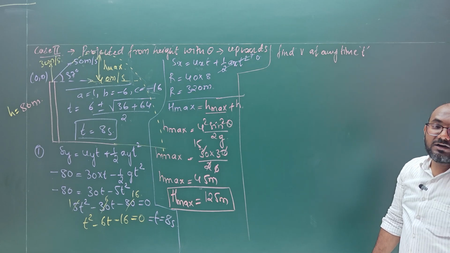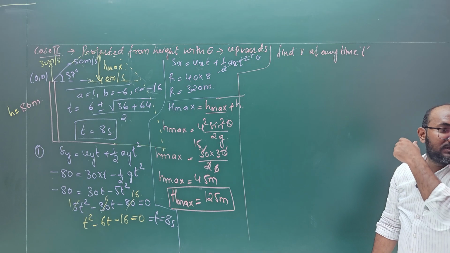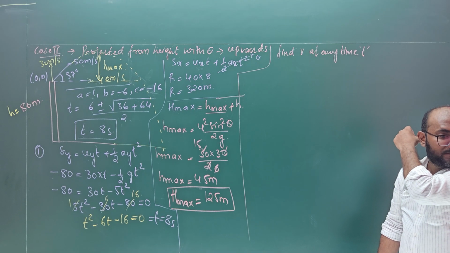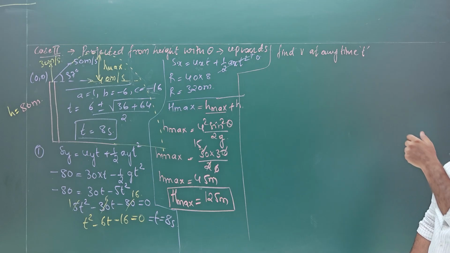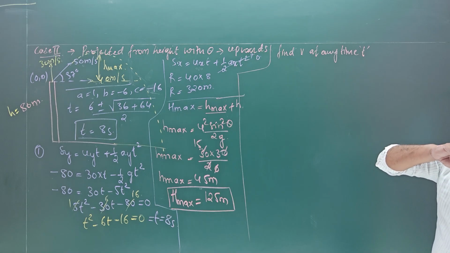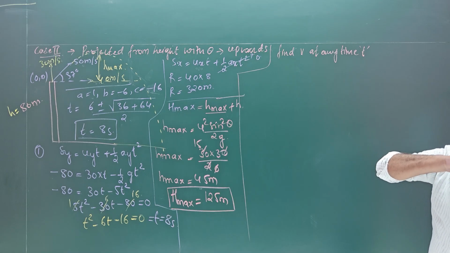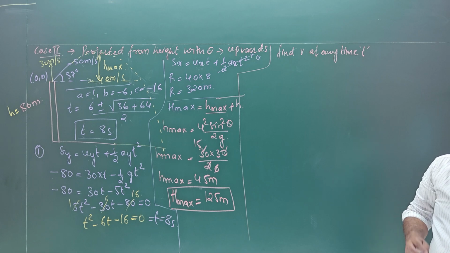What is the full time period from ground to ground? 2u upon g, which is 2u sin theta upon g. But here we are calculating just to reach Hmax from the point of projection. Then can I say that is nothing but u sin theta upon g. What is u sin theta here? 30. 30 upon 10, 3 seconds. Are yes or no?